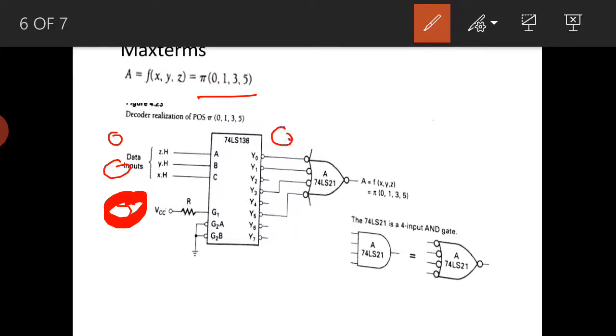All others will be high, means all the 74138 outputs are high. If all are high, then after the bubble it will be 1, and all others will be 0 after the bubble. So this is the IC output and this is the IC input.